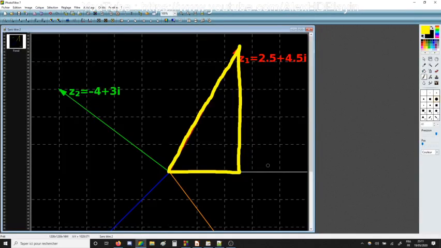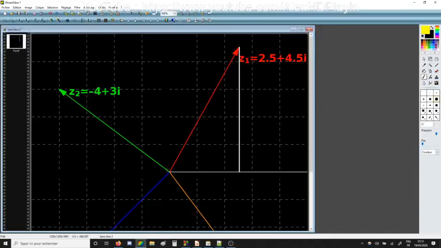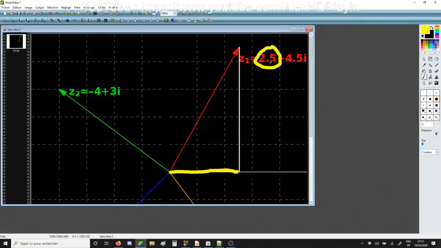I'm pretty sure it's called like that in English. So yeah, the norm is the hypotenuse of it. Here, this is just the real part of z1, so 2.5.